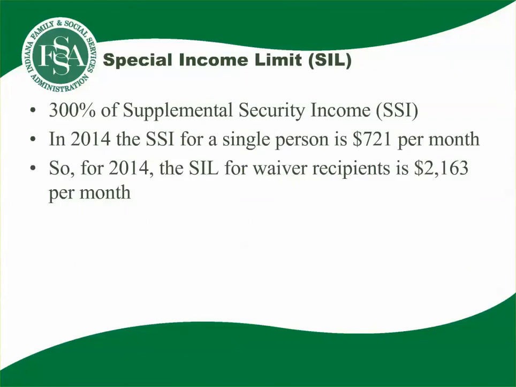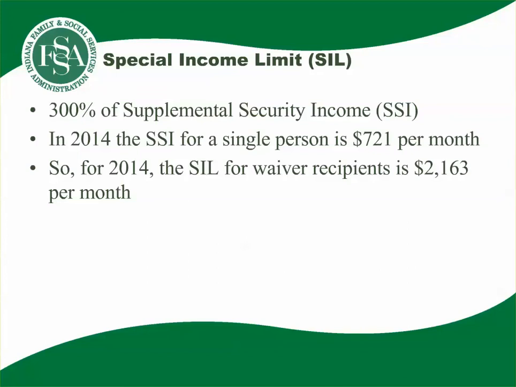So the second special rule for waiver recipients is referred to as the SIL, the special income limit. And this raises the monthly income limit that a person can have and still qualify for Medicaid. So we mentioned the $943 earlier. The SIL is measured as 300% of supplemental security income, or SSI.